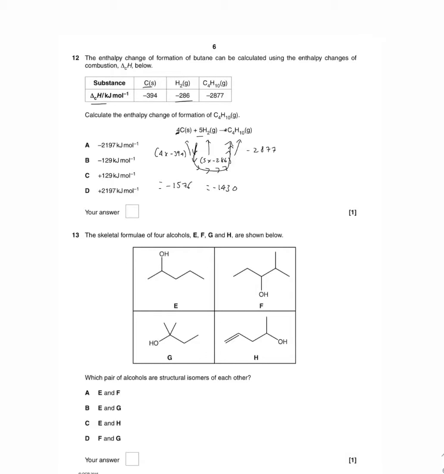And this, you're going with the arrow, and so minus 2877. You are going against the arrow, so these negatives do turn into positives, in fact. And so you get 1576 plus 1430 minus 2877. And that gives you an answer of minus 129. And so the answer is B.